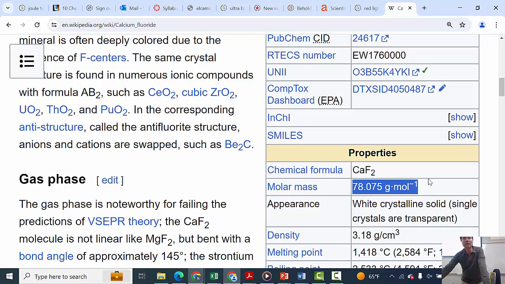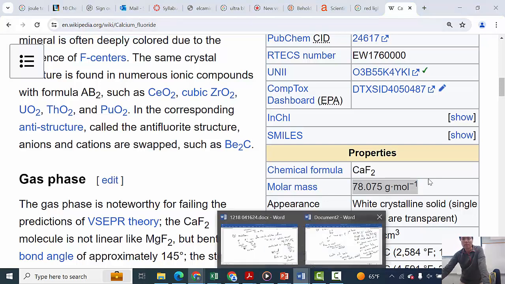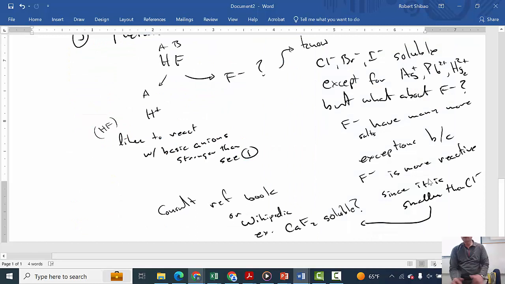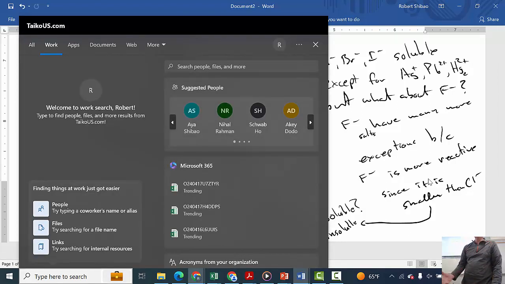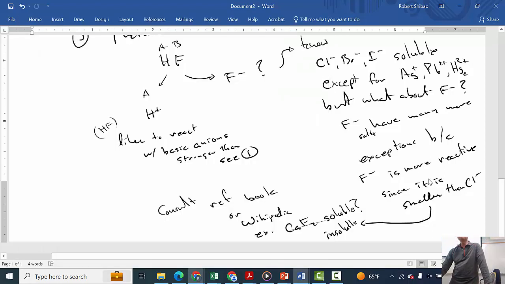That is 0.2 millimoles. It's supposed to be at least 100 millimoles. And so, based on Wikipedia, this is insoluble. And therefore, if there's any calcium around, fluoride would love to precipitate with it. Does that make sense?